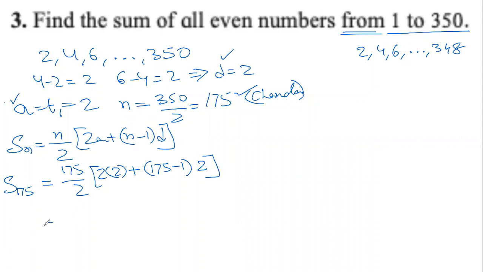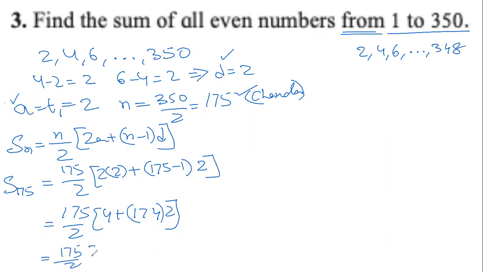Then when we solve this, once again, don't divide 175 by 2 and get into decimals. Wait. 175 by 2 within brackets. 2 into 2 is 4. 175 minus 1 is 174 multiplied by 2. Now within brackets, 4 plus 2 4s are 8, 2 7s are 14, so 348.